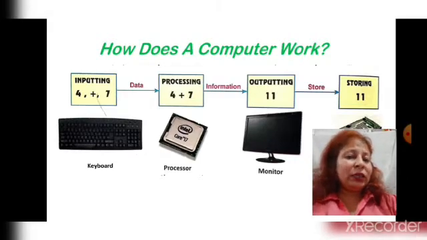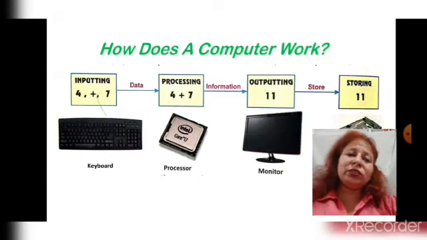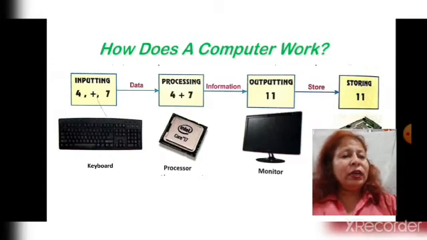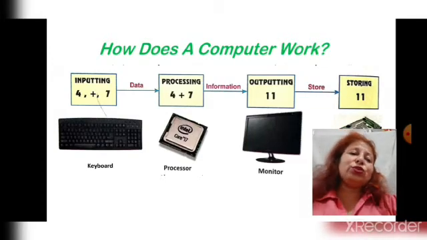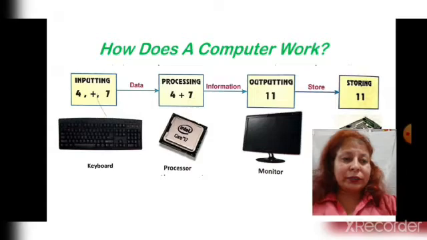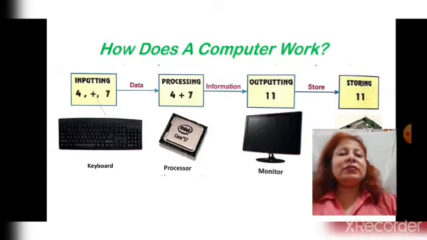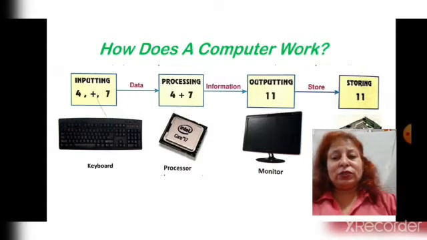By the keyboard we are giving the data and instructions to the computer. By the CPU we are processing our information. By the monitor we are getting the output of our work on the screen, and we store our data in our hard disk. Yes, this is how a computer works.